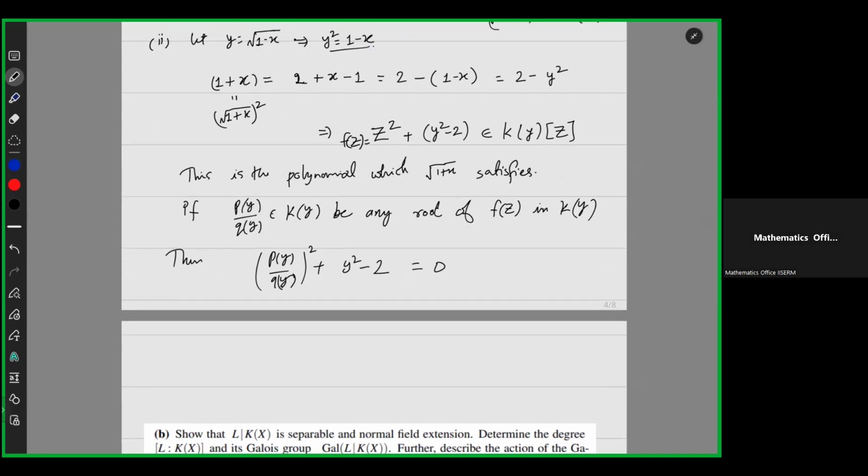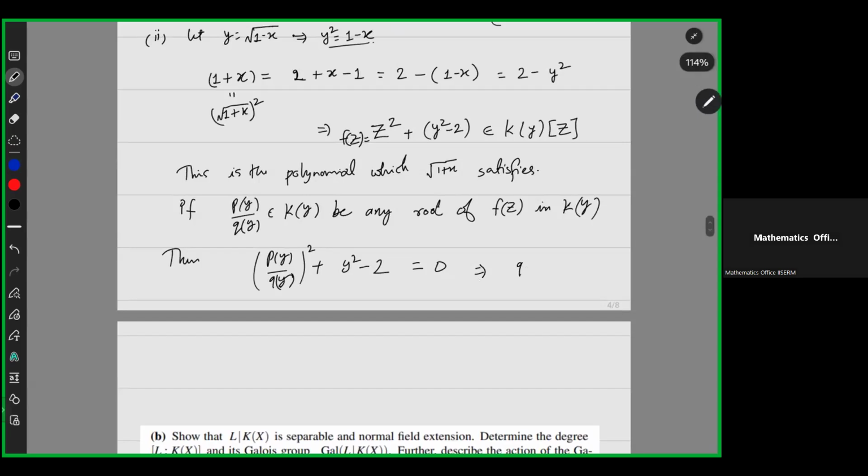From here, at least this is clear that q(y) should be 1. We have chosen p and q coprime. y is transcendental. Okay, so this is a polynomial ring. So round bracket, square bracket, they are different.